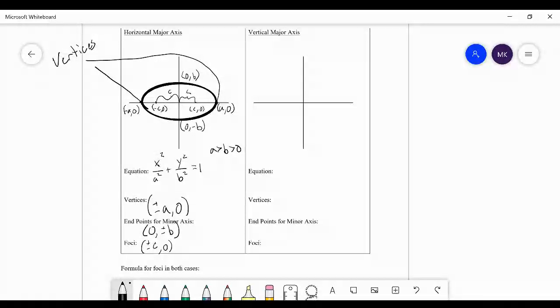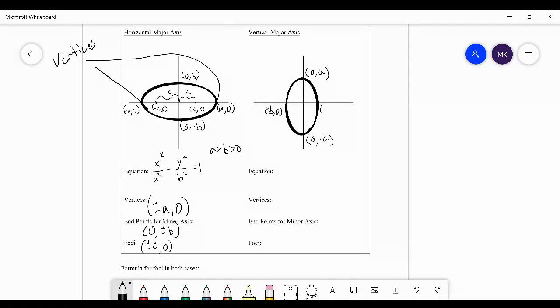Now, a vertical major axis is very similar. Our labeling is going to be much the same: 0 comma a, 0 comma negative a, 0 comma negative b, b comma 0, and negative b comma 0.